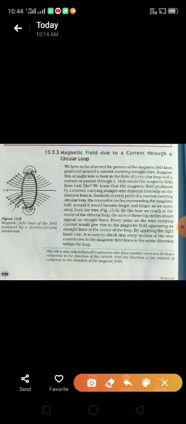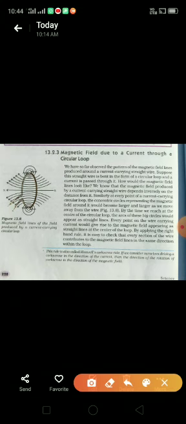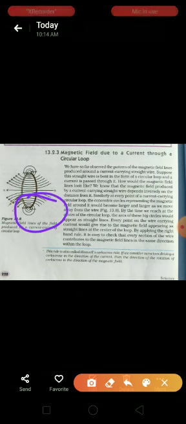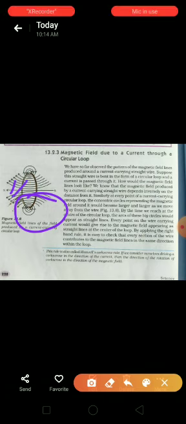And if the current around the face of the coil flows in the anti-clockwise direction, the face will be north pole. Okay, I hope you understood.